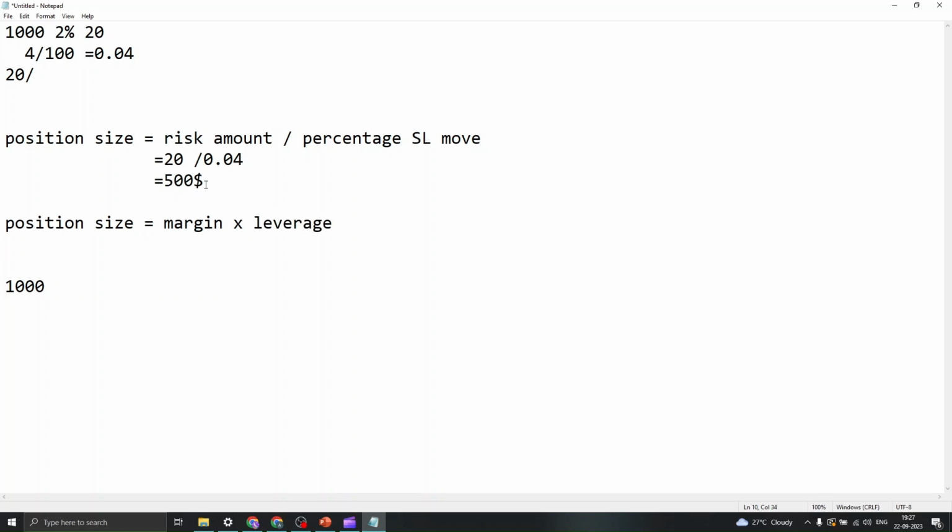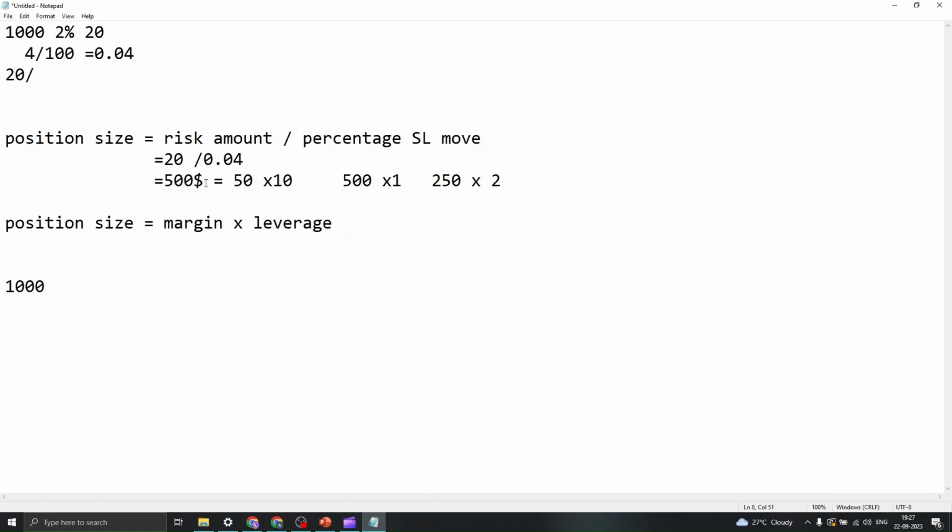To maintain your $500 position size, you can take it with $50 margin at 10x. Similarly, you can take it with $500 all with 1x only. You can take $250 at 2x. So like you can see, leverage doesn't matter.